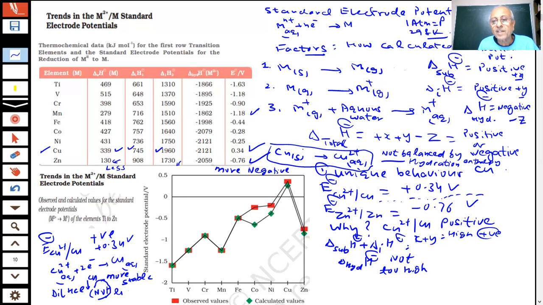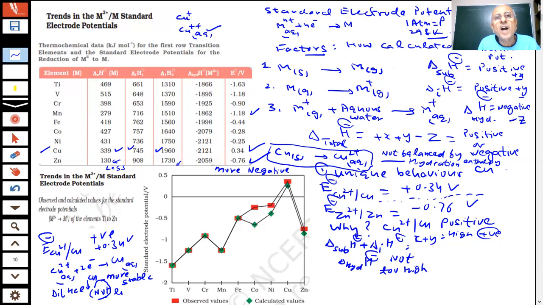In the case of copper, if you have copper plus 1 and copper 2 plus, copper 2 plus is more stable in aqueous medium, students. What is the reason for this?